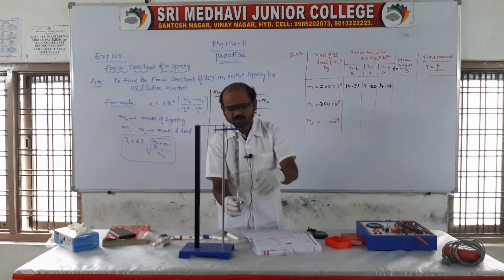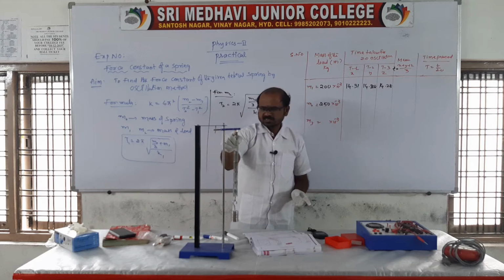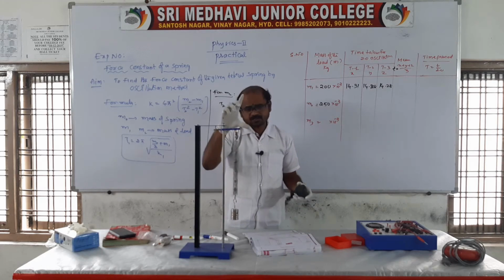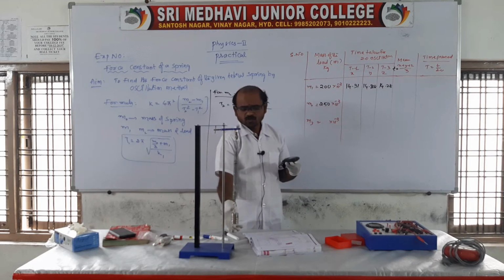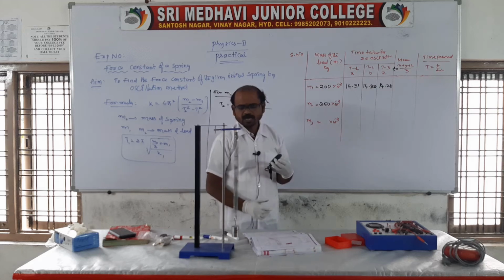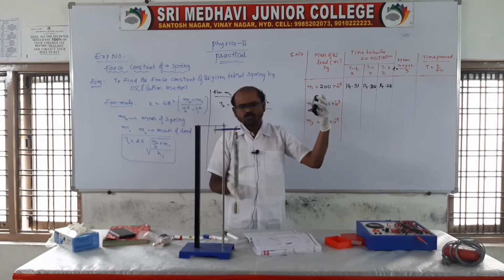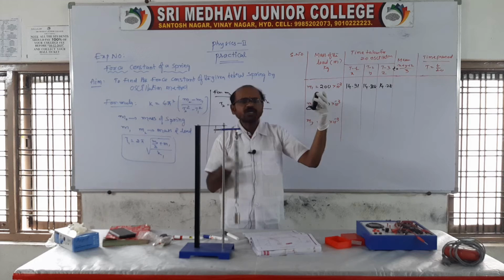Again you pull it. The helical structure of the spring is stretched down, and you pull it down and again start counting 1, 2, 3, up to 20 oscillations.